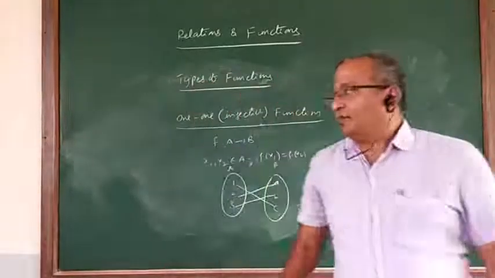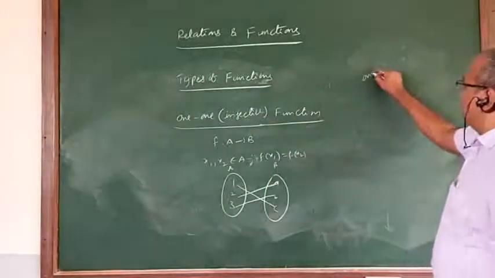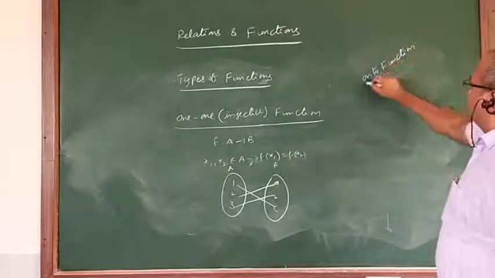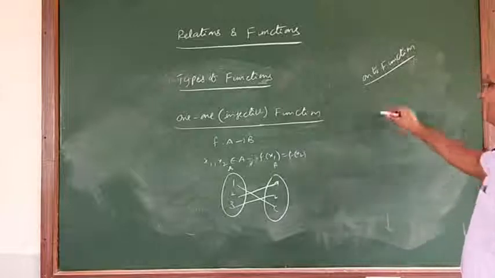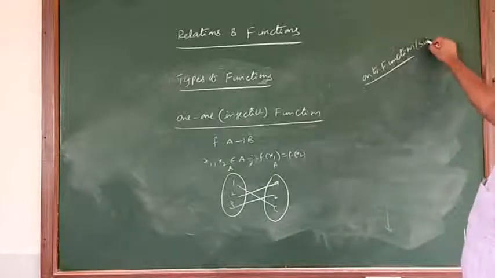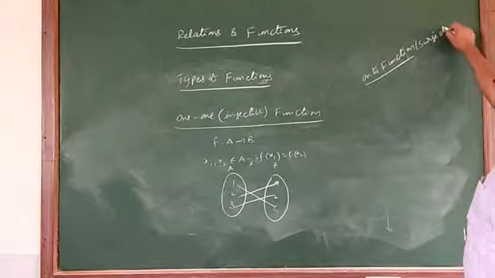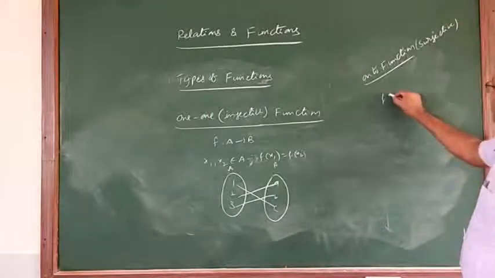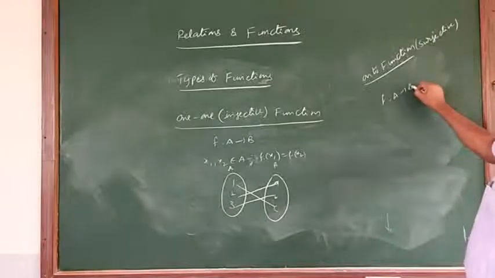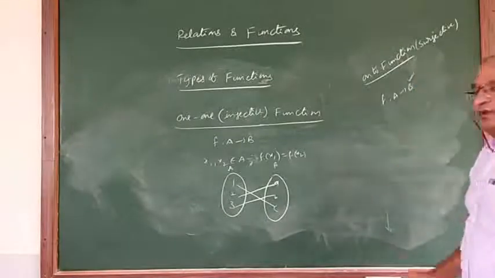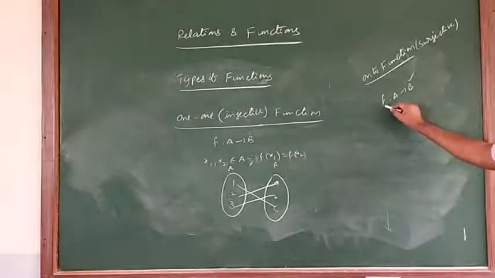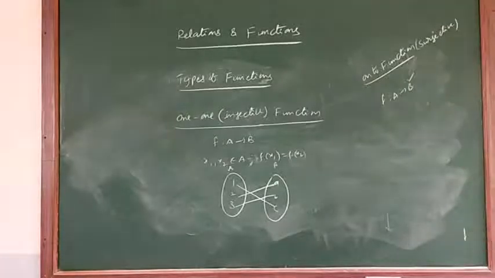Now, onto function. This is called surjective. If f: A to B is a function, and every element of B has at least one pre-image in A, then f: A to B is said to be an onto function.